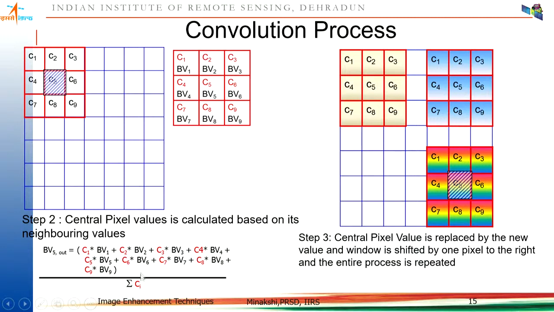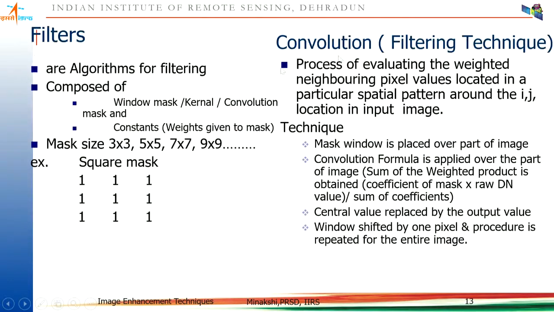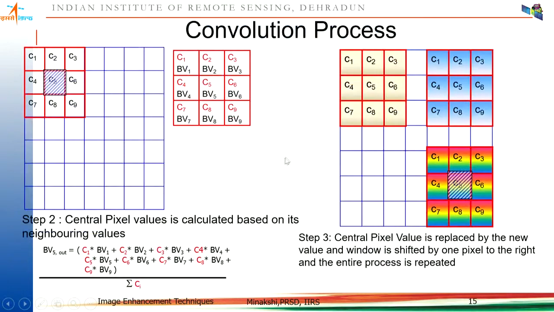You see, sigma ci, sum of the constants. This is my convolution formula. The corresponding constant is multiplied by the corresponding brightness value, added together and divided by the sum of the constants, which I have written in the previous slide. You can see here the convolution formula. Now the central pixel value is replaced by this new value in the output file.